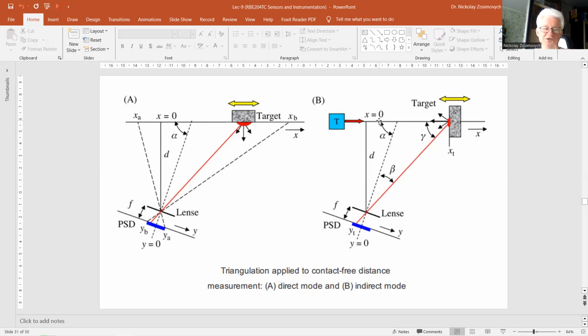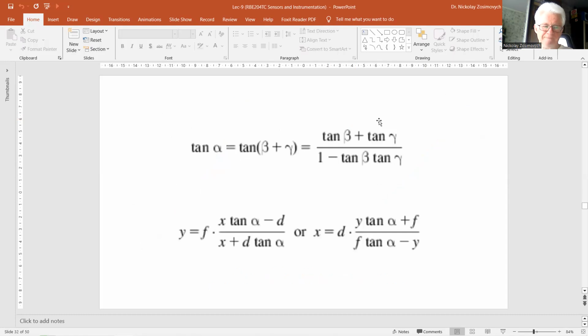A displacement of the target causes a displacement of the projected light spot on the sensor. The x position of the laser source is irrelevant here, as long as the spot intensity is large enough to create a bright spot on the PSD. And clearly, each target position x corresponds to a spot position y on the PSD.